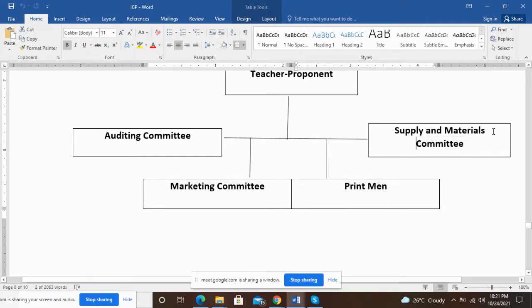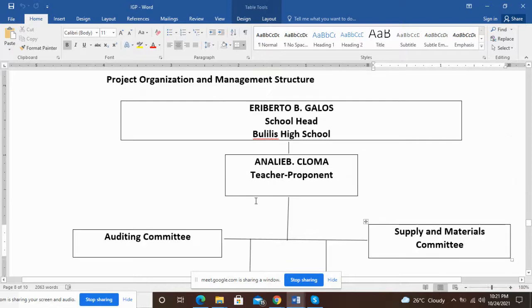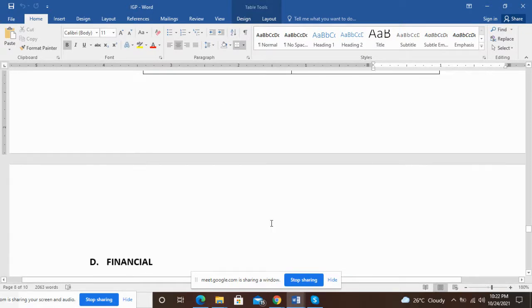Since, again, we are conducting this project as a culmination of the subjects that the students had, they are going to practice auditing. That's what they have learned in the subjects, purchasing and those things.